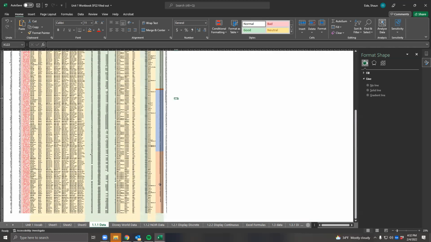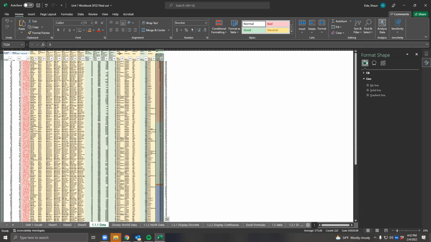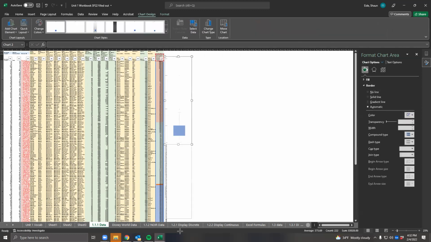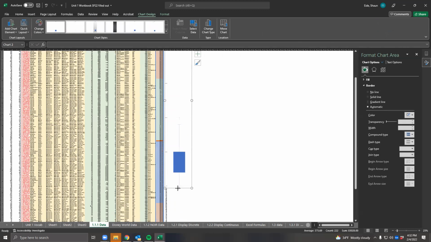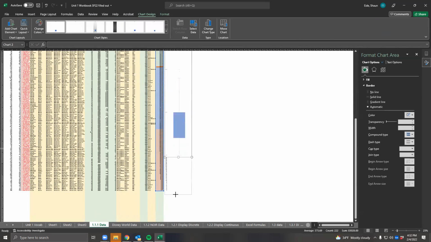And we're also going to make this, let's see here, insert box and whisker. You'll notice I won't be able to make it do exactly what I want.